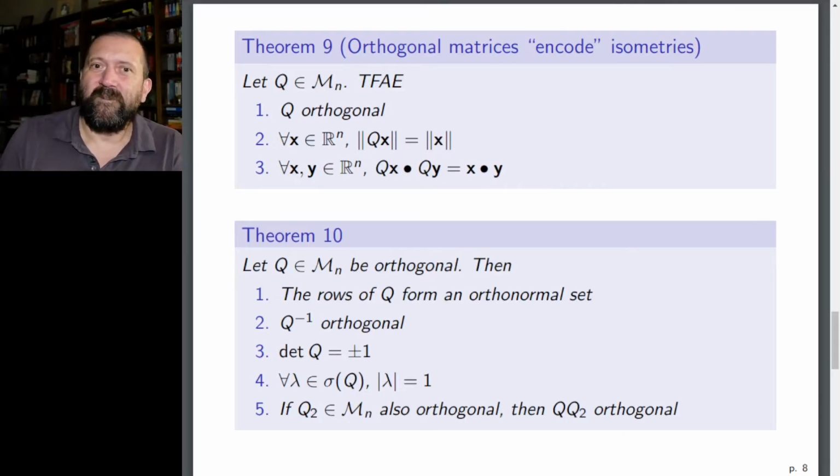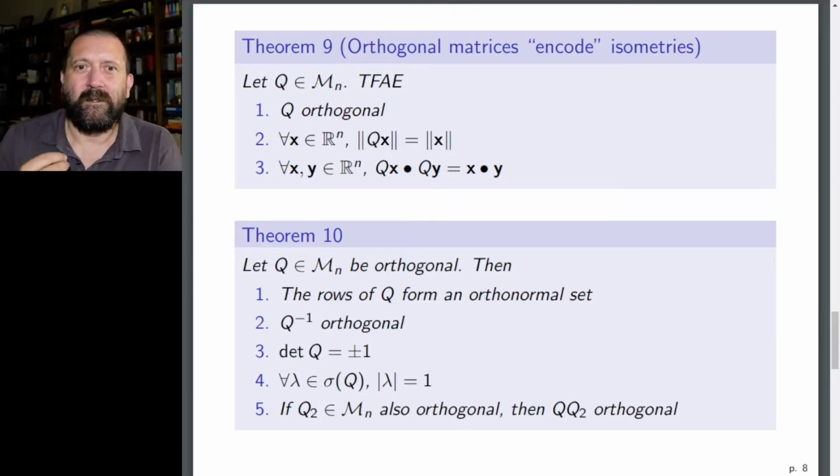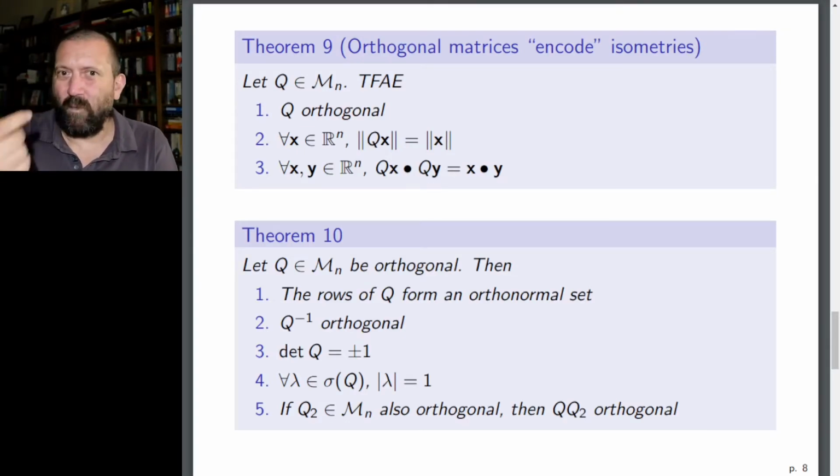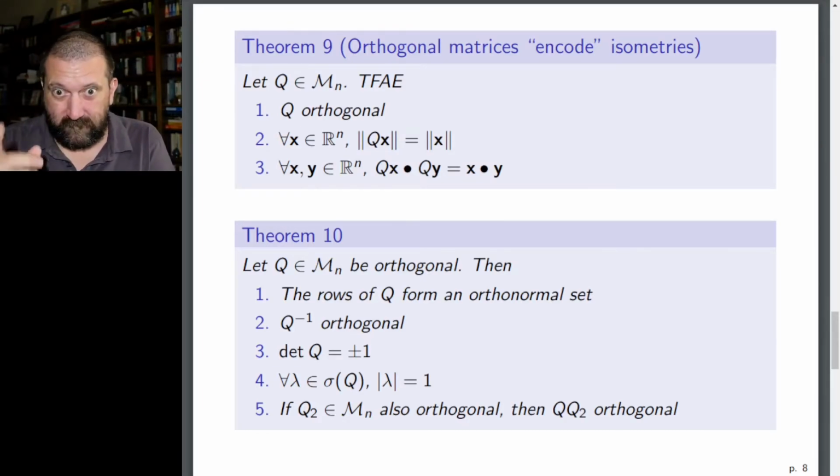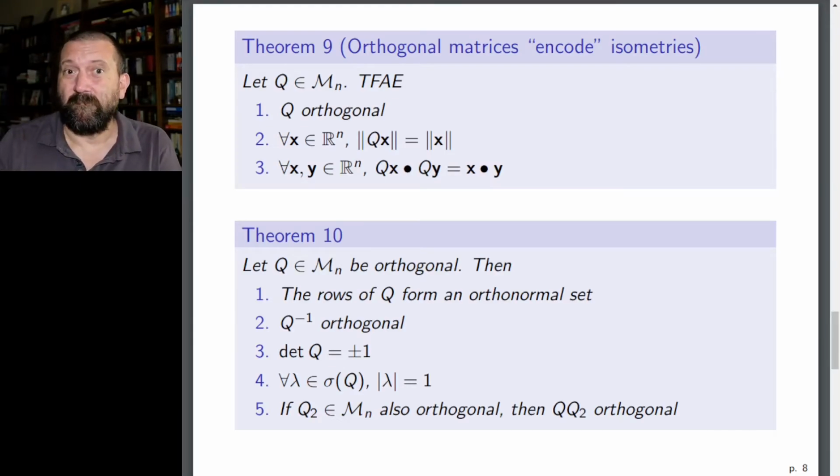And given these properties, we can then look at more properties. So let me enumerate those. If I have an orthogonal matrix, then the rows of the matrix are also an orthonormal set.